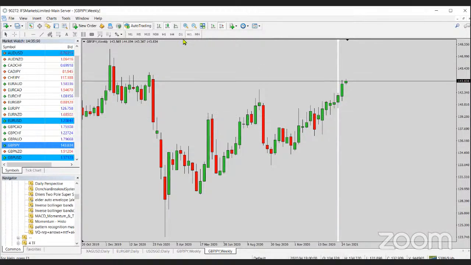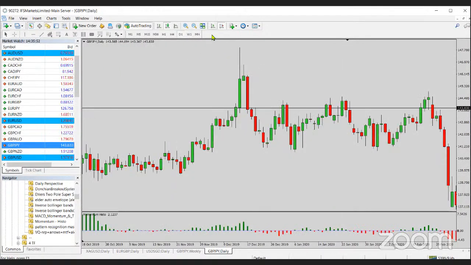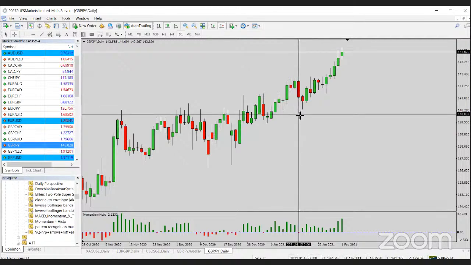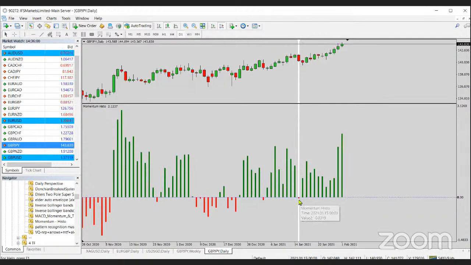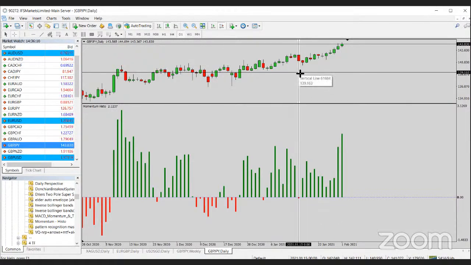So what happens on the daily bar is this. We want to see a downward momentum. So you can see, we need to see red. Then we'll be able to trade. If we don't see red, that means that we are unable to trade. This is on the 15th of January, which is actually a Friday bar.